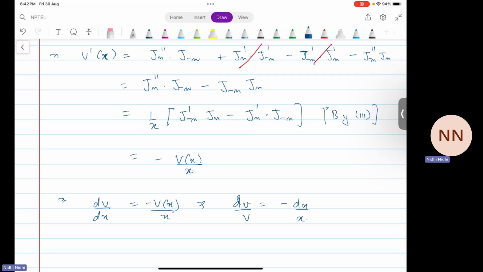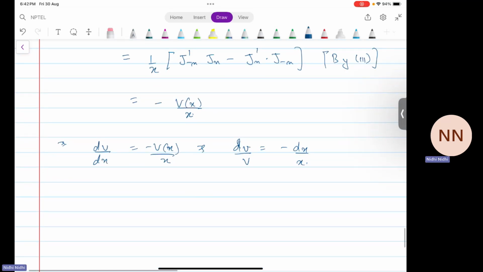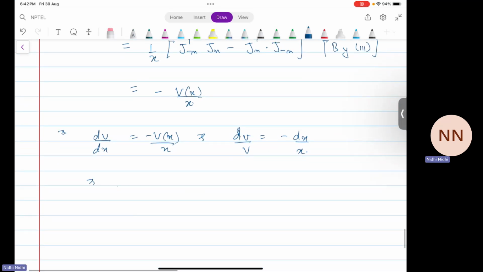This is just a separation of variables case. We can solve this differential equation and we'll get ln v is equal to minus ln x plus some constant. We'll take that constant to be ln c. This gives us v(x) is equal to c/x.